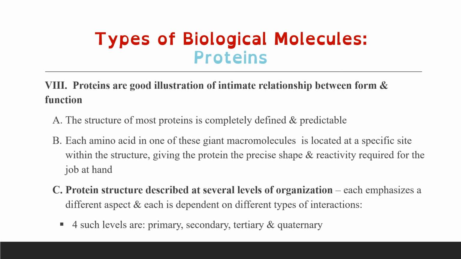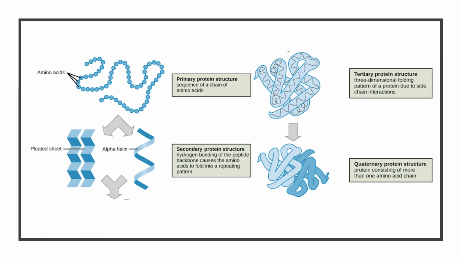And then protein structure is described at several levels of organization. Each emphasizes a different aspect and each is dependent on different types of interactions. So for the four levels of protein structure, we have the primary, secondary, tertiary, and quaternary.